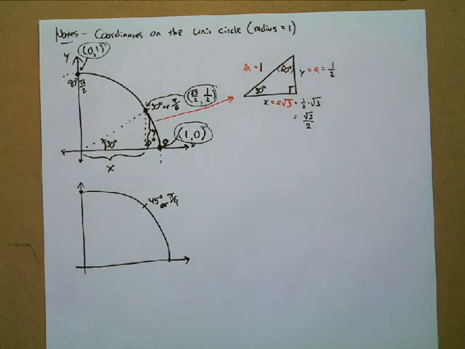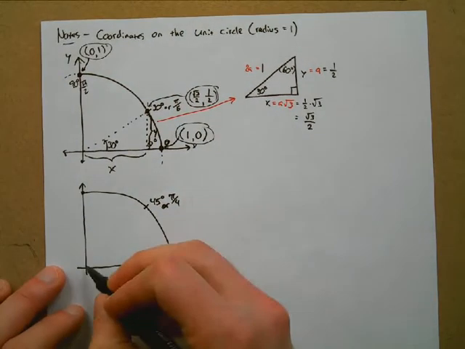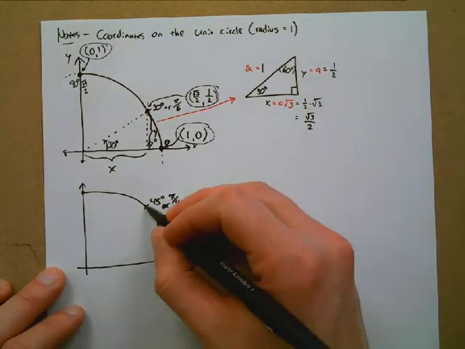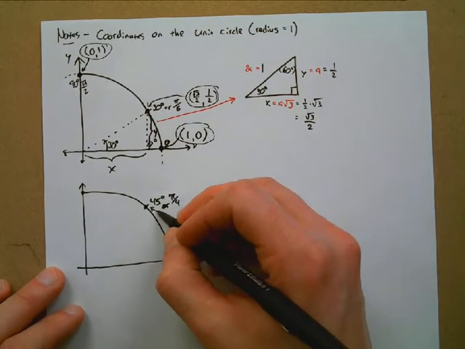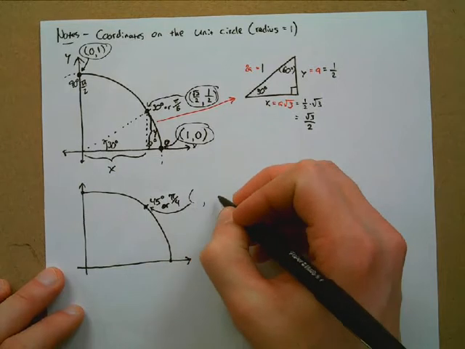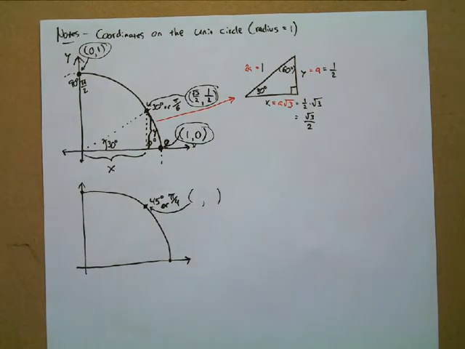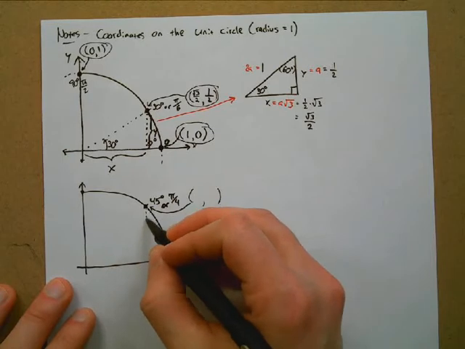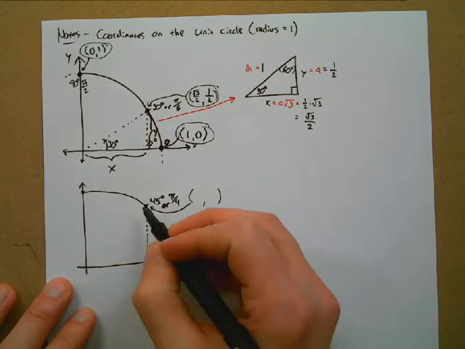So what are the coordinates there? What x, what y? Well, if I drop, so that's a 45 degree angle there. Here is our x, and there is our y. What horizontal distance, what vertical distance?